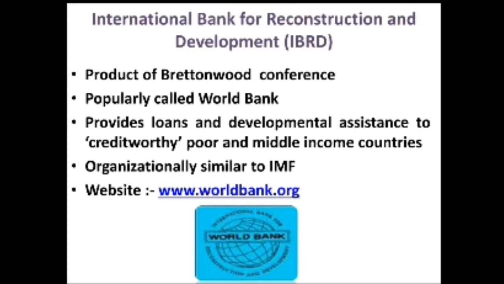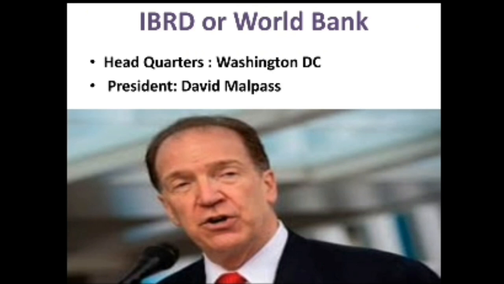It provides loans and developmental assistance to the creditworthy poor as well as middle income countries. It may be noted that the IMF provides financial assistance while the World Bank provides developmental assistance.